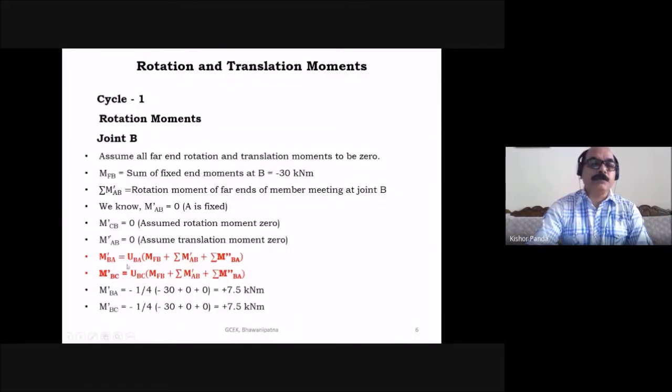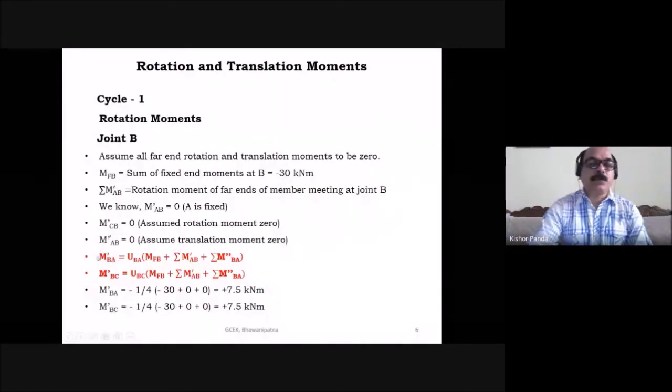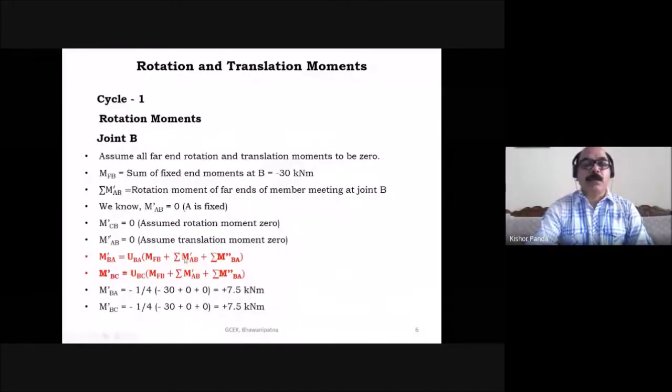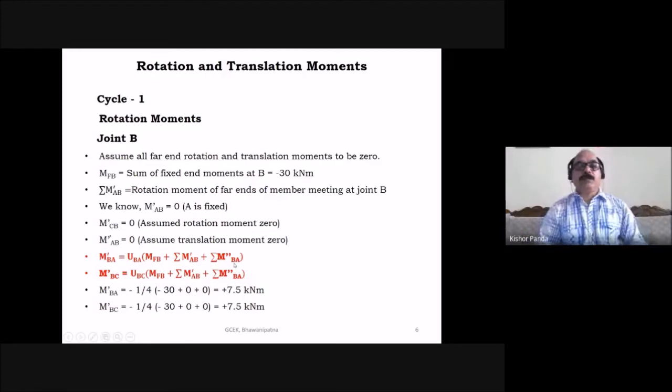So this is the formula for M dash BA, the near end rotation moment you have to find out: the rotation factor into the fixed end moment of joint B, plus the sum of the far end rotation moments, plus the sum of the translation or displacement moments of the column meeting at joint B.